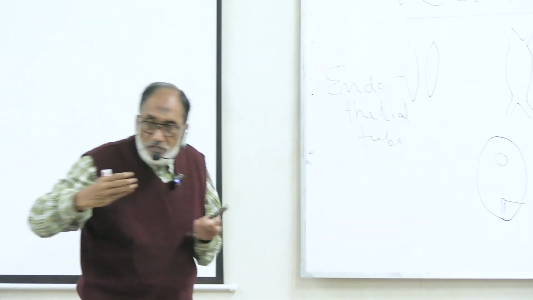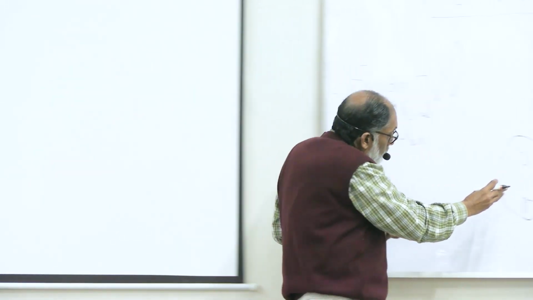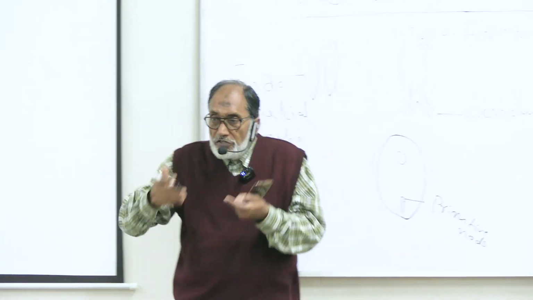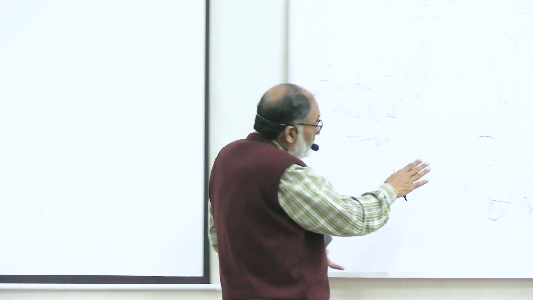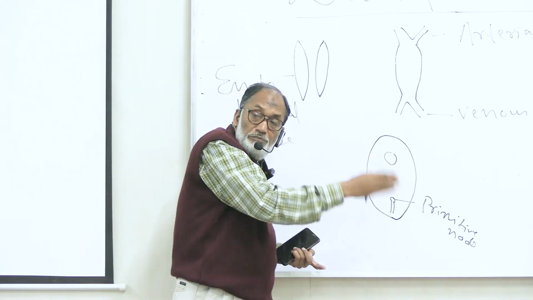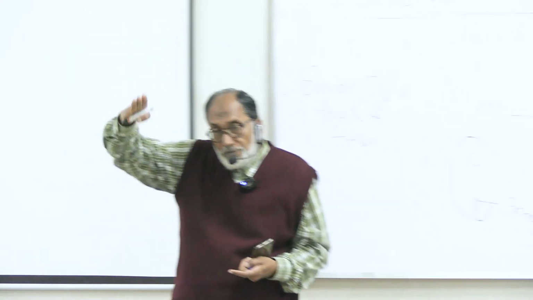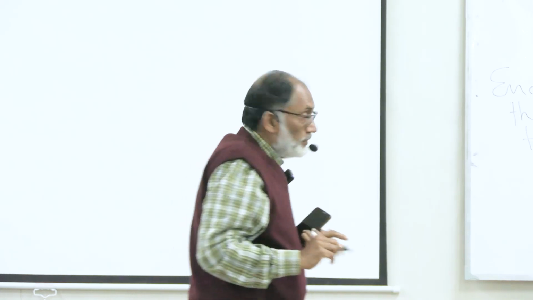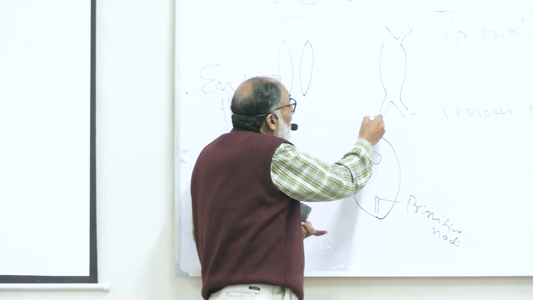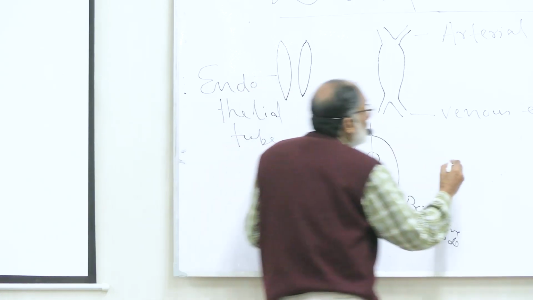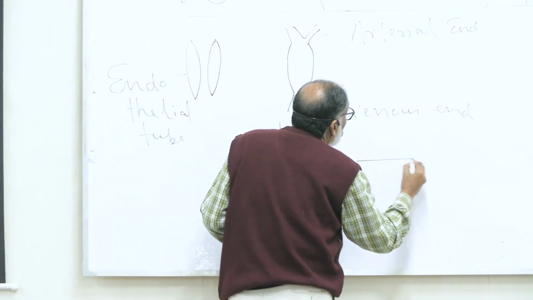Now cells of the primitive node proliferate and invaginate into the space between the epiblast and hypoblast, and that will form the intraembryonic mesoderm, right? Now, if I cut like this, what will I find?